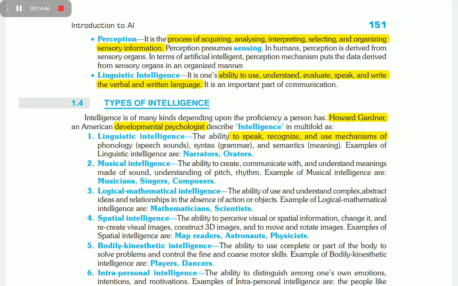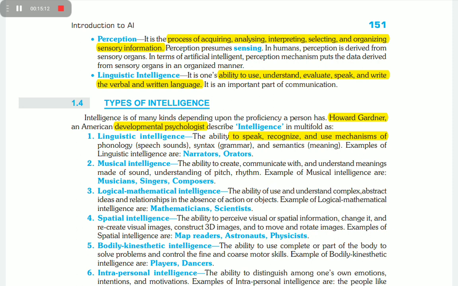We touch the phone and it works. It also has sensory organs. Objects can also see. Robots also have eyes, and phones also have cameras.